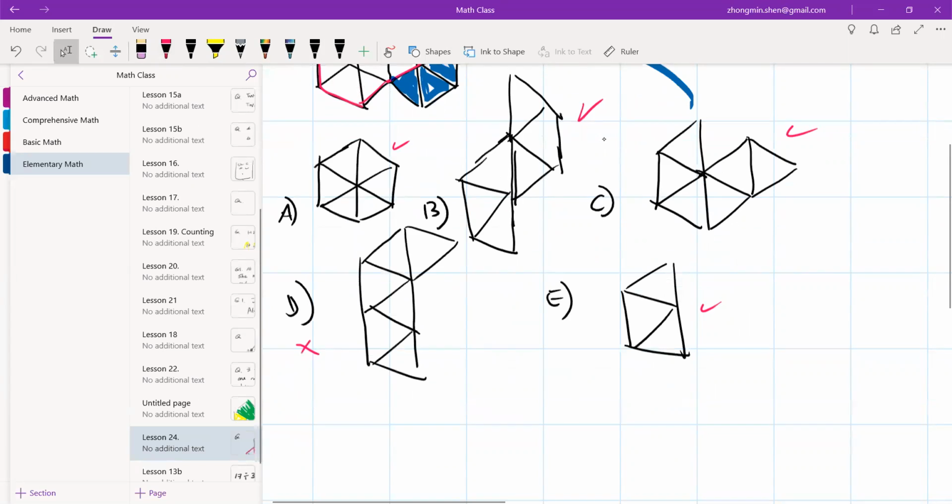So if you give a limited time to answer this question, then you should cross those obvious ones which you can use. Then only have a couple of them left, okay? Then of this couple left, you look at which one you cannot use to create this ornament, okay?